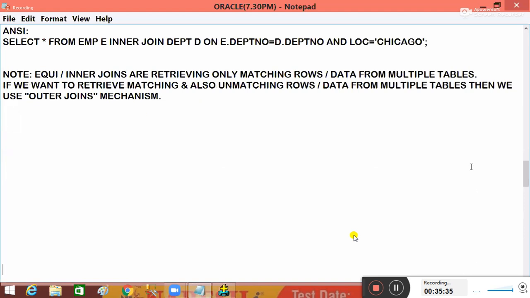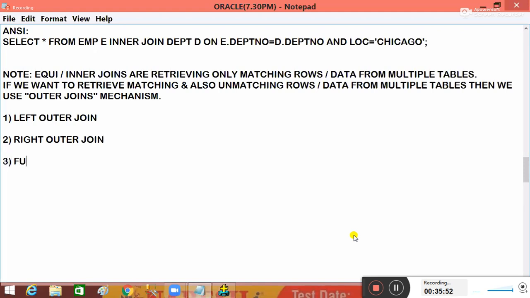These outer joins are of three types, which I already listed here. First one is called a left outer join. Second one is called a right outer join.